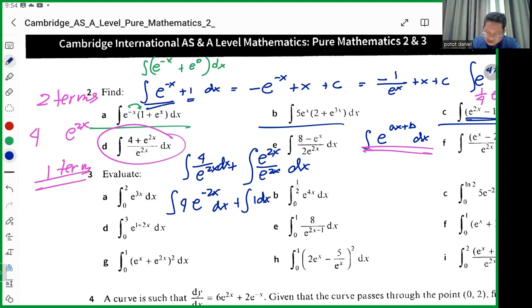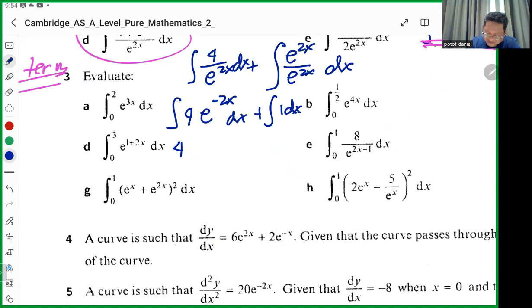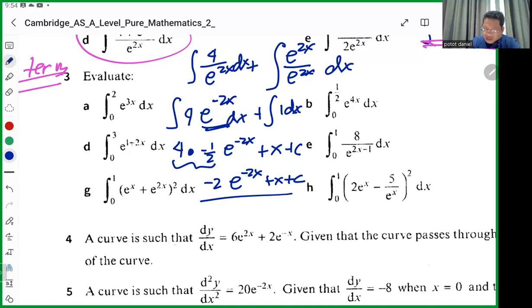And then let's continue. Put the 4 outside. The integral of this one is negative 1 over 2 e to the negative 2x. So multiply that, plus x plus c. This part here is equal to negative 2e to the negative 2x plus x plus c. So that is now the answer to this question.